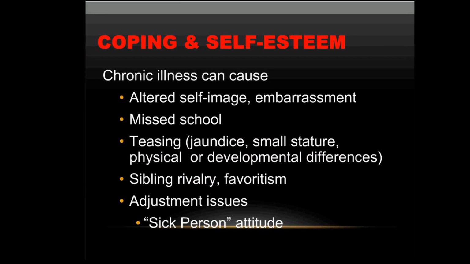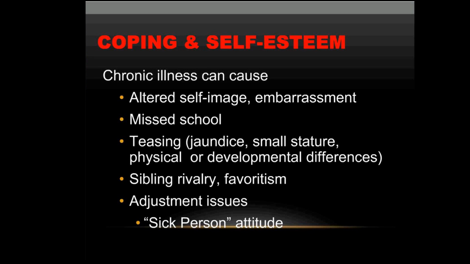When we talk about coping and self-esteem, again, children often have altered self-image. They're embarrassed about how they look, how thin they are, or if they're limping because they've had different issues where the sickled cells have adversely affected them, maybe in their hip joint or whatever.